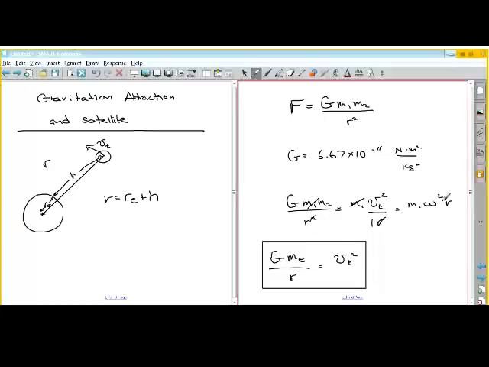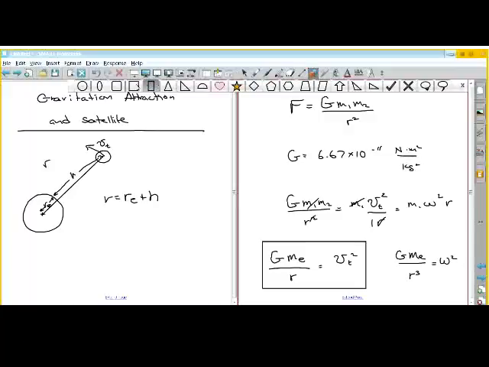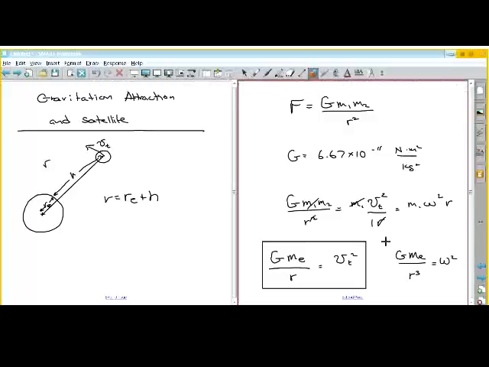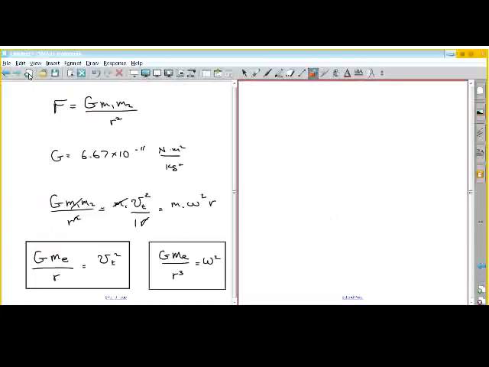You can also take the other one and come up with a similar result. Notice you're going to have r cubed, because you have r in the denominator. So in that case you have G times m sub e divided by r cubed equals omega squared. So that's another version you can use. It's the same basic idea.